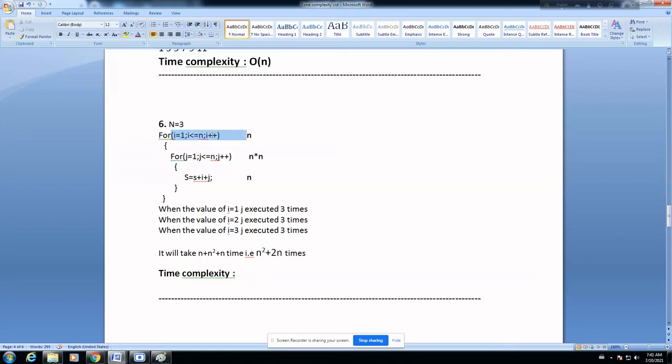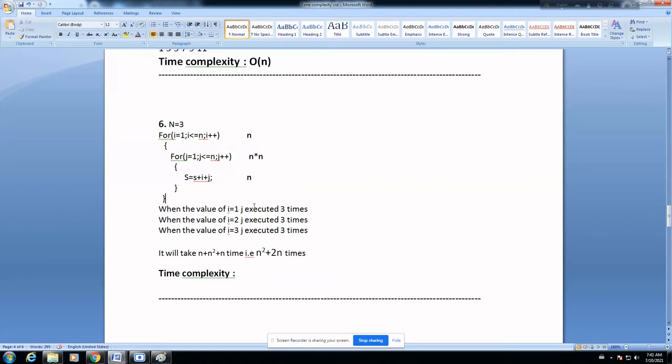So first, the outer loop is executed how many times? That is n times. The inner loop is executed n into n times. Look at this, because j is executed 3 into 3, that is 9 times when the value of n is 3. So we can say n into n, and this statement is executed n times.